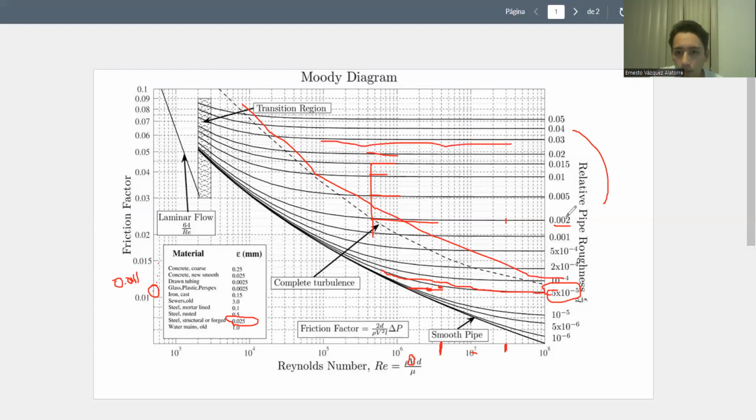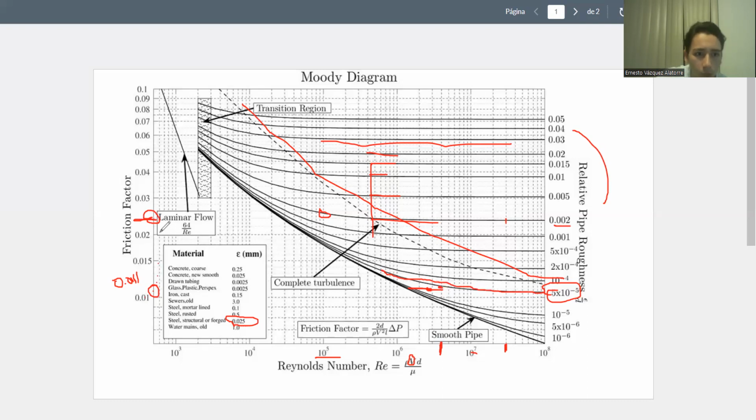But it is important to mention that if you have a low Reynolds number, for example with this 0.002, and you have a Reynolds number of 10 to the 5, then you will still be in the turbulent region, but not completely turbulent. So you will have to follow the line.